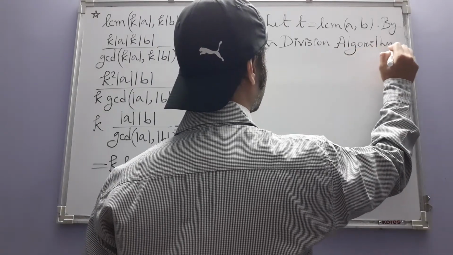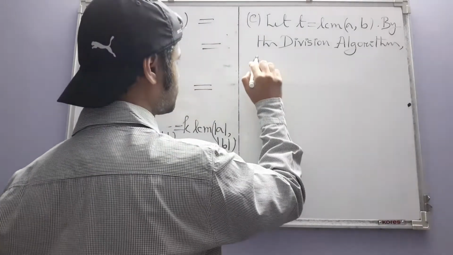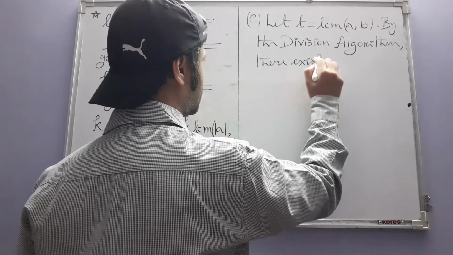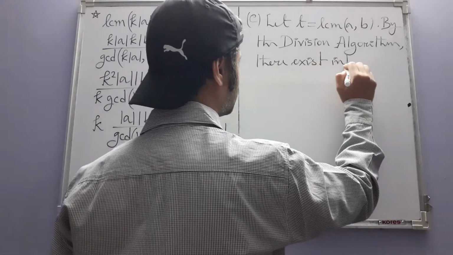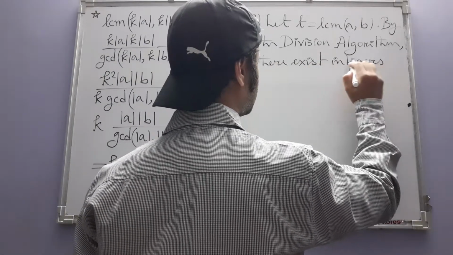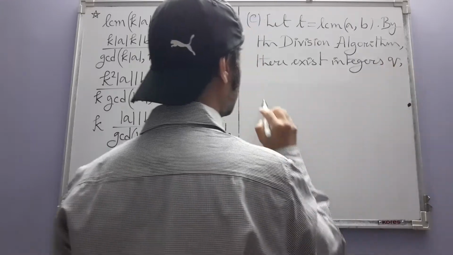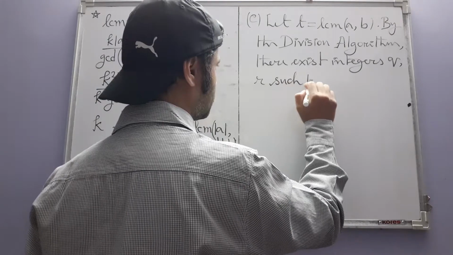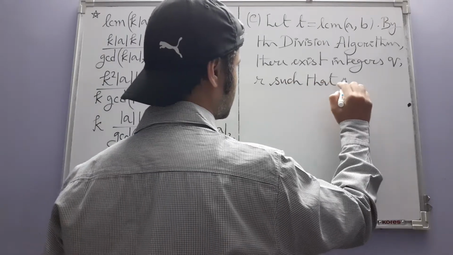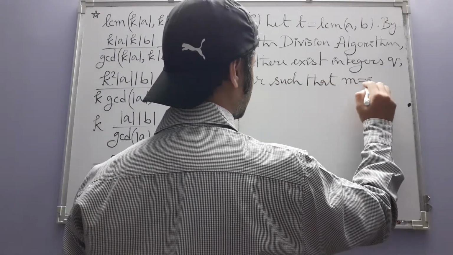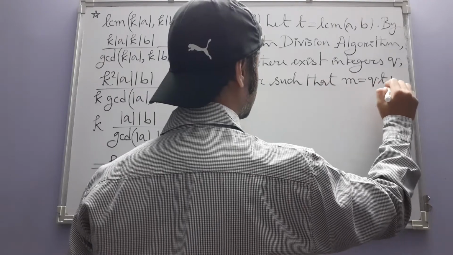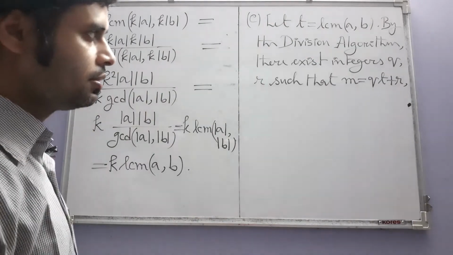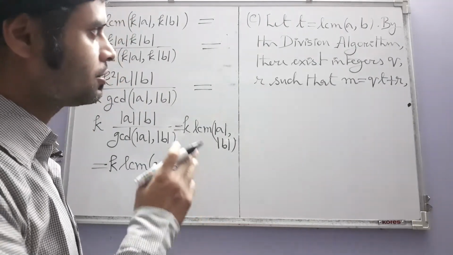By the division algorithm, there exist integers Q and R such that M is equal to Qt plus R. That means you are dividing M by T, and you can do that because T is positive.